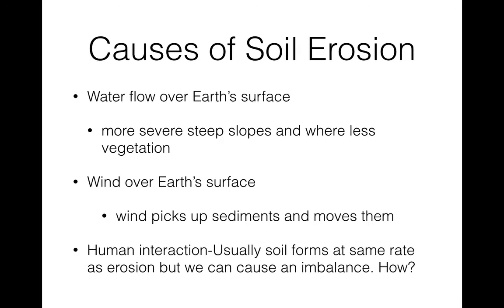Usually soil forms at the same rate as erosion occurs, which kind of keeps this in balance. But we can get an imbalance because of things that we humans do, such as chopping down the rainforest.